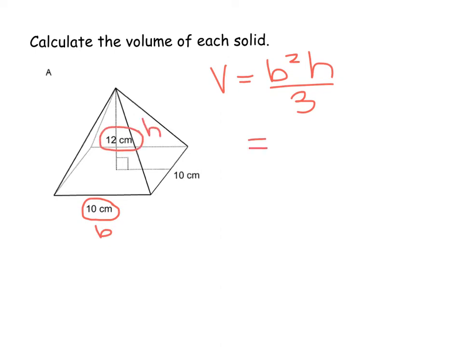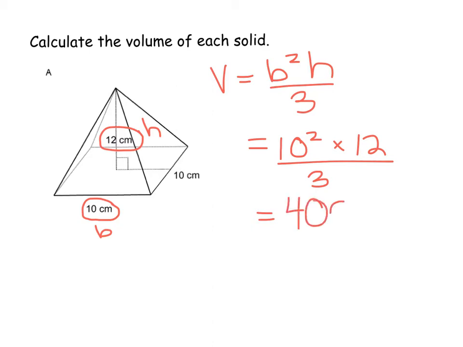So I just substitute those in. 10 squared times the height, which is 12, divided by 3. And I work that out. And I get that this is 400, and that will be centimeters cubed.